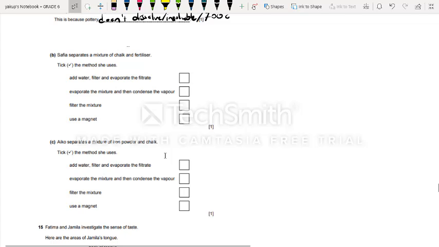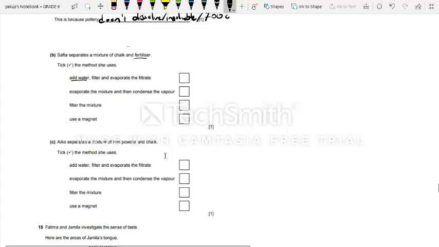Sophia separates a mixture of chalk and fertilizer. Tick the method that she uses. What are we going to do? We should add water first, right? Why? Because chalk doesn't dissolve in water, but fertilizer can dissolve. Then, if we filter, what's going to happen?